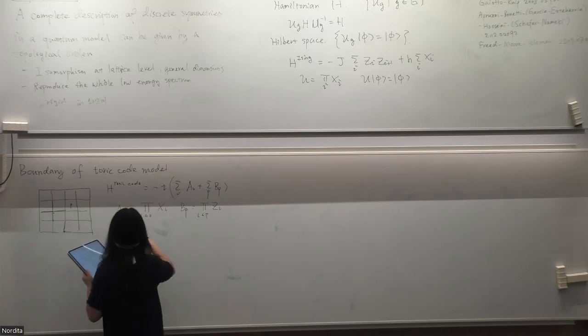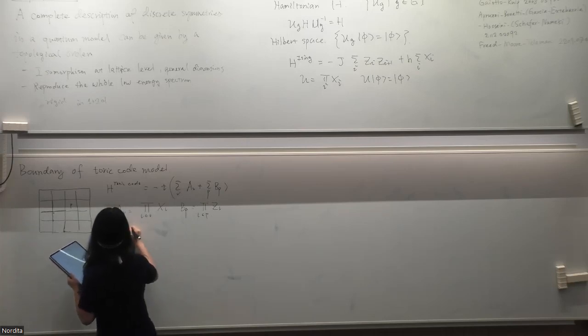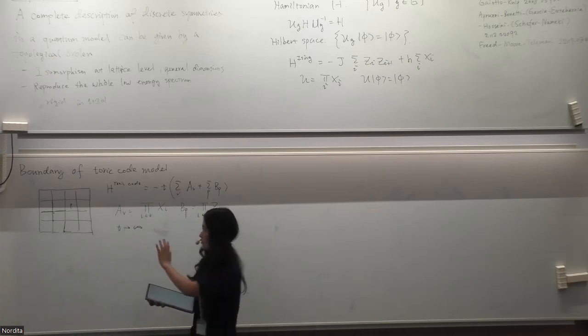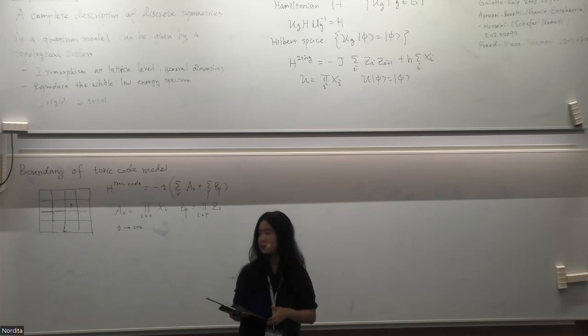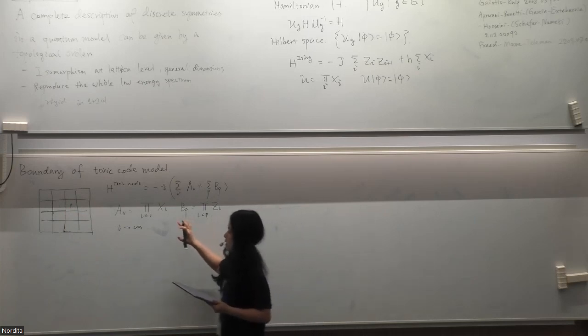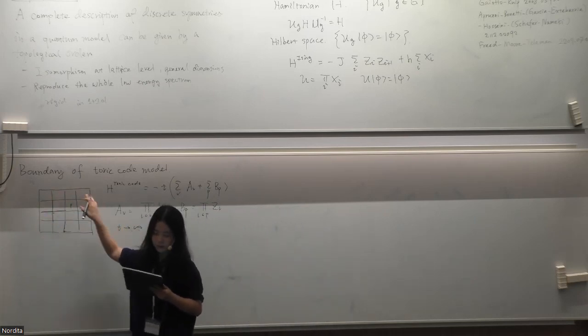And then we're in a limit where the coupling constant t is going to infinity. So there are no excitations in the bulk. But you can see that this model still has a lot of degrees of freedom on the boundary.